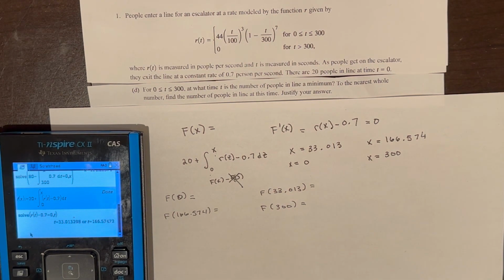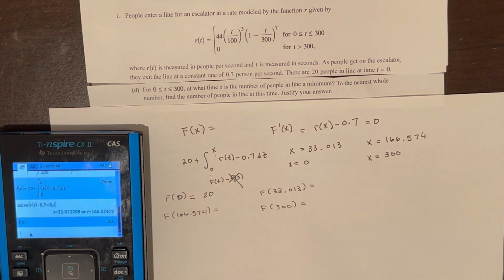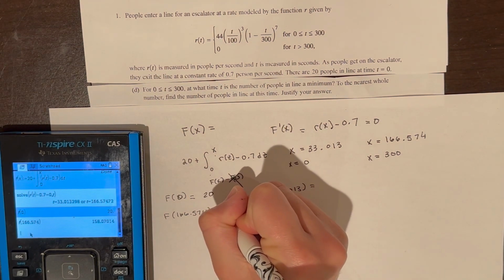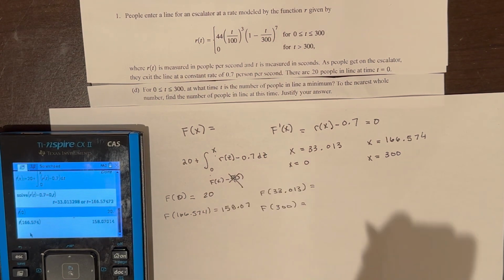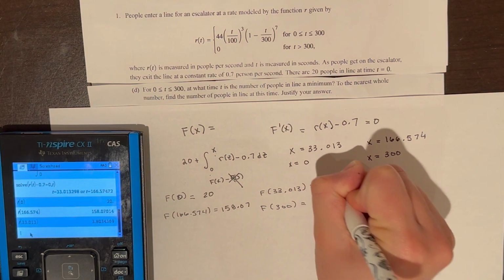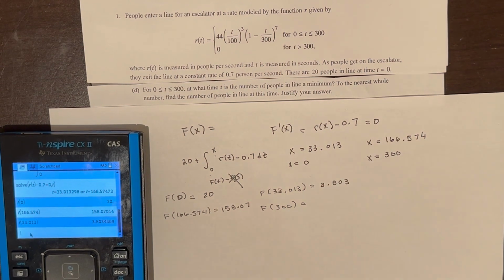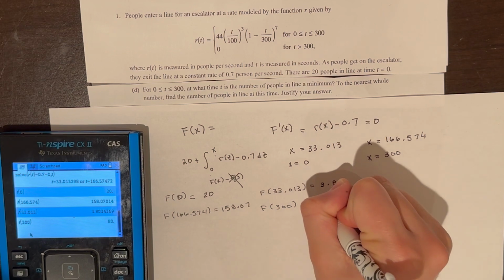So we're going to plug this into our calculator. f of 0 is 20. f of 166.574 is 158.07. f of 33.013 is 3.803, and f of 300 is 80.